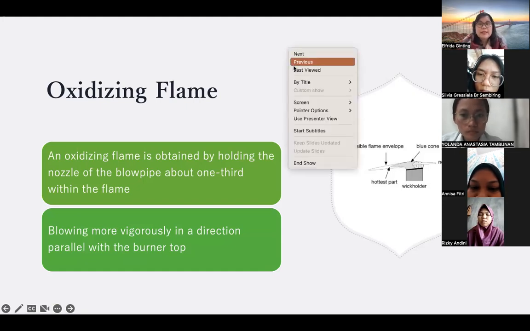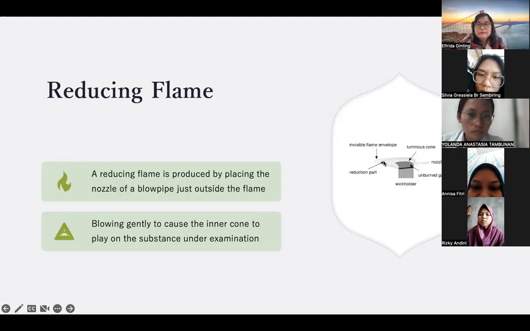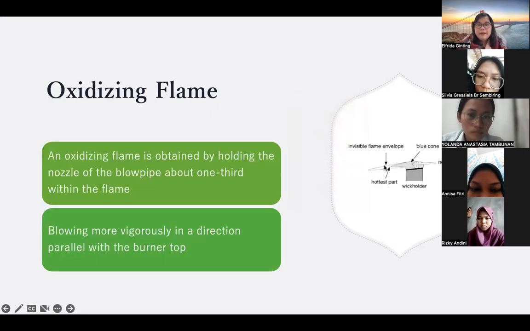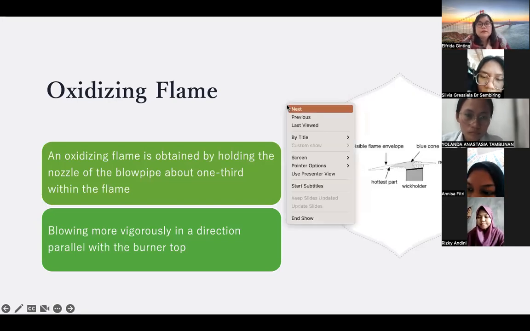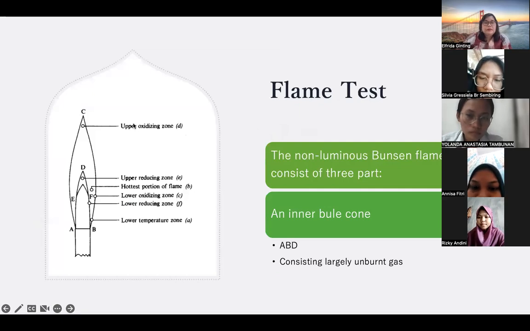So you can see here, this is the reducing flame, and this is the oxidizing flame. Now, this is the region of the flame. This part is what we call the upper oxidizing zone, and this is the upper reducing zone.